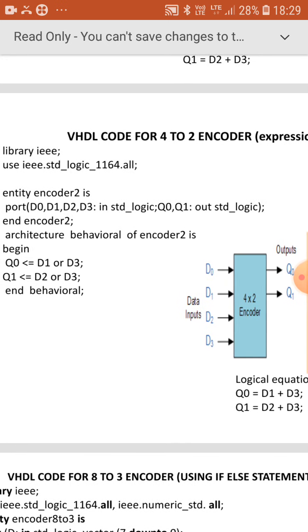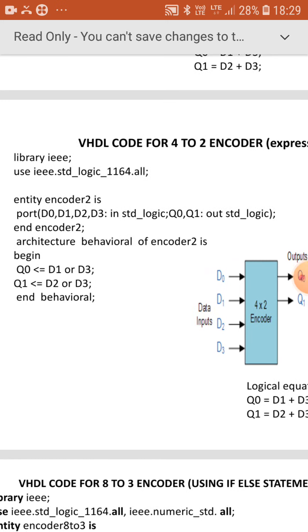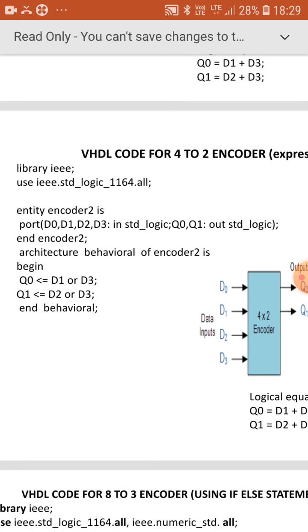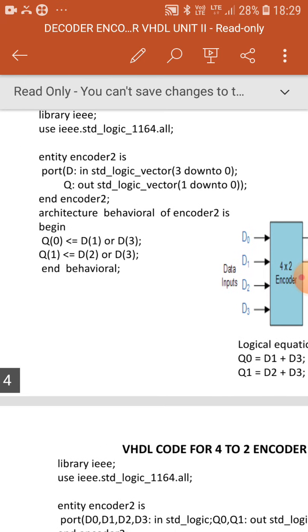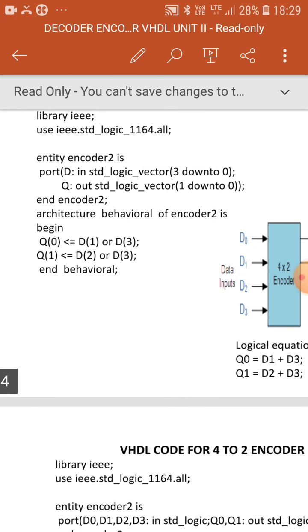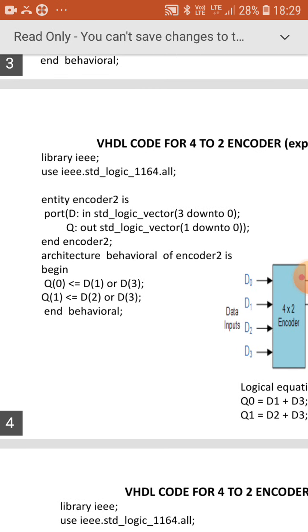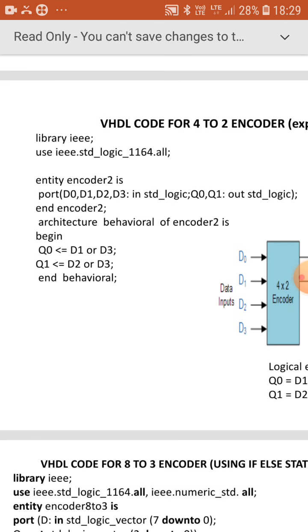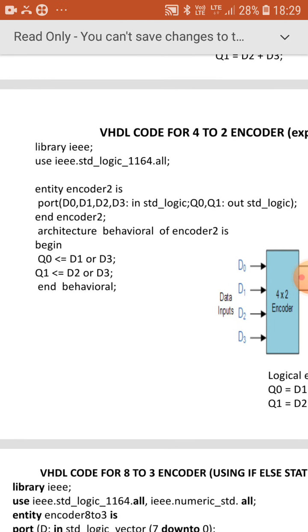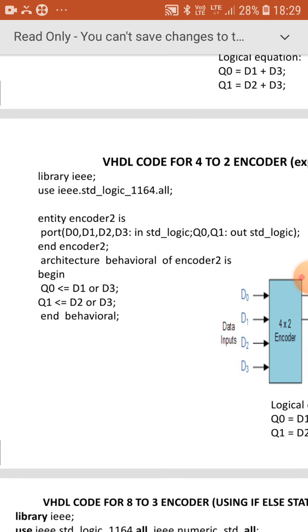Here I am declaring input output ports like D0, D1, D3 colon in std logic. In this program D colon in std logic vector 3 down to 0. Here D is the 4 bits value. Here D0 is a single bit value, D1 is a single bit value, D2 is a single bit value, D3 is a single bit value.